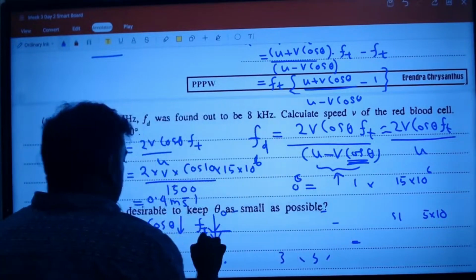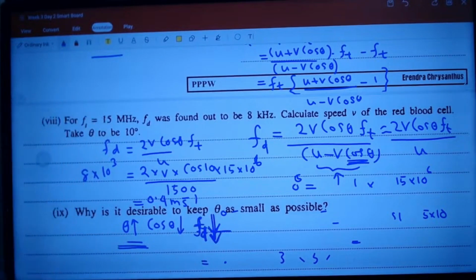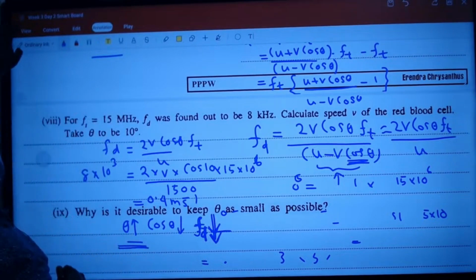Large means your Doppler shift FD will be small. By having a larger value for theta, FD will reduce. Okay?